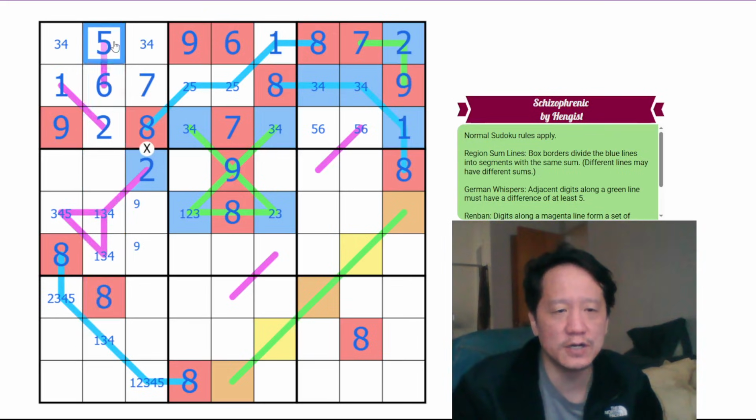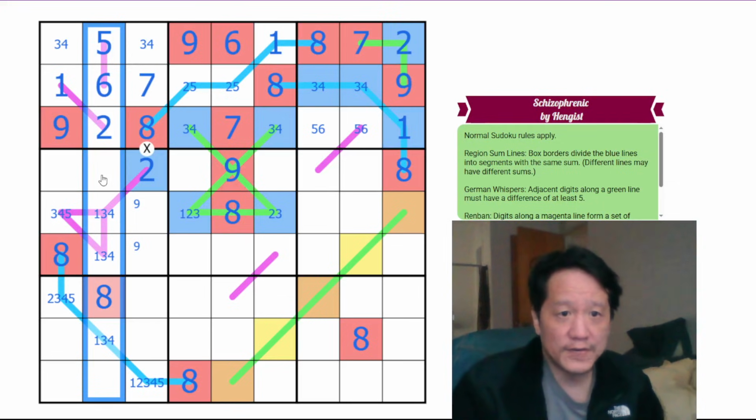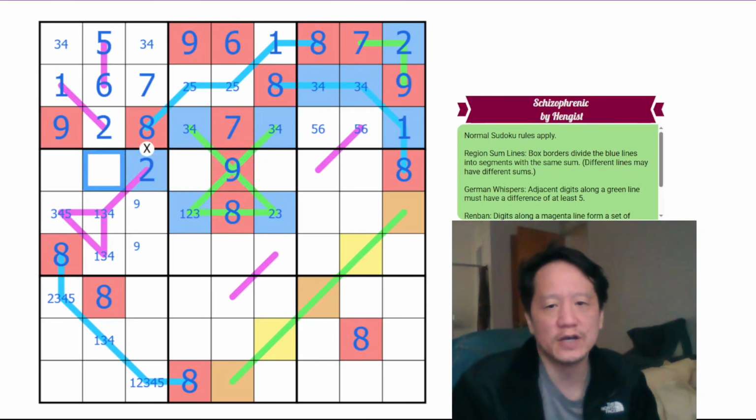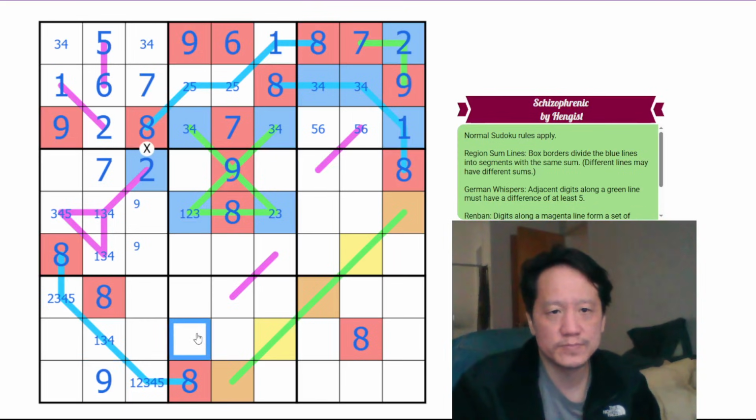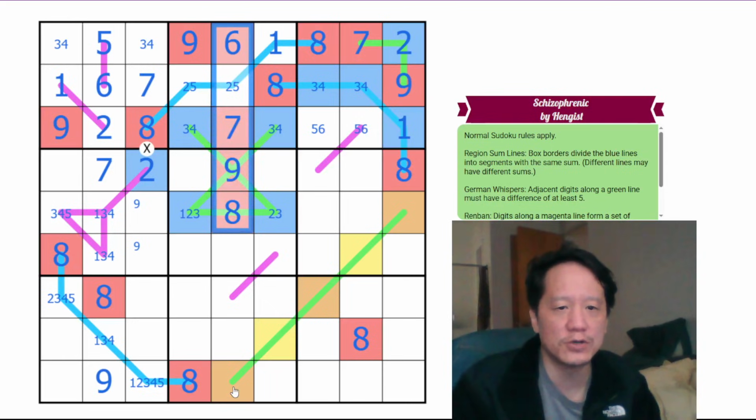Remaining digits in column 2 are 7 and 9, and this can't be 9 because of 9 in the row, so this is 7, which makes this 9 here. This orange cannot be 6, 7, 8, or 9, which are all highs, so it has to be low. So all the oranges are lows and all the yellows are high.